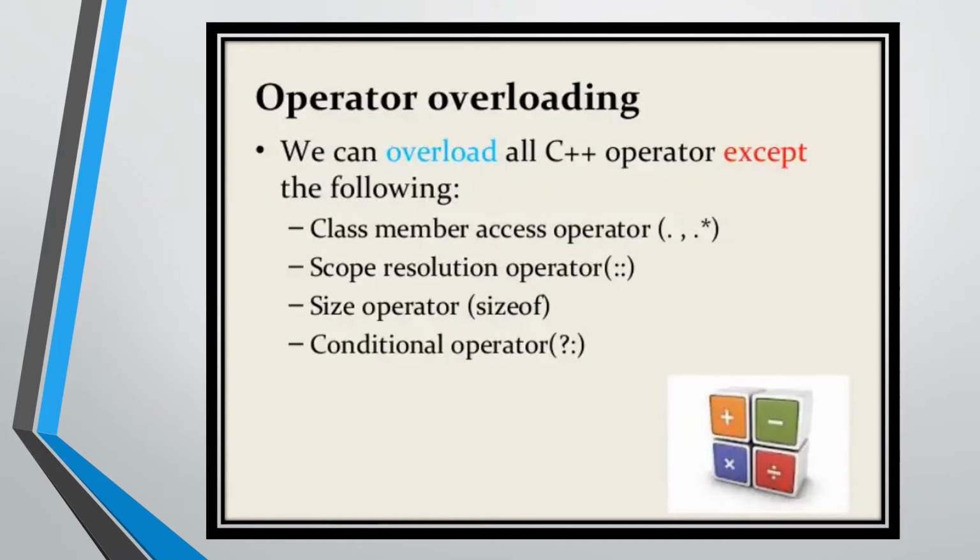Second, the scope resolution operator. Third, the sizeof operator, and fourth, the conditional operator. So these types of operators in C++ we cannot overload. This is an important thing we have to consider when we do the overloading of operators.